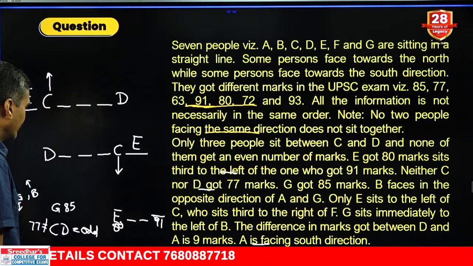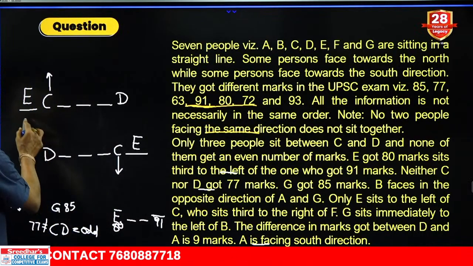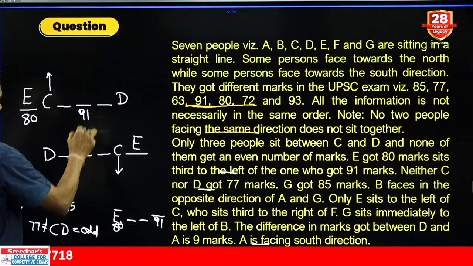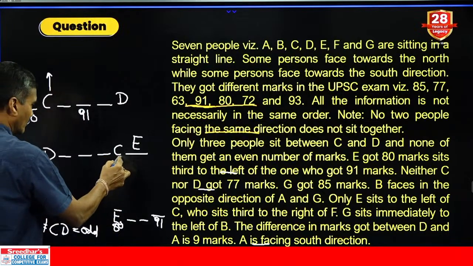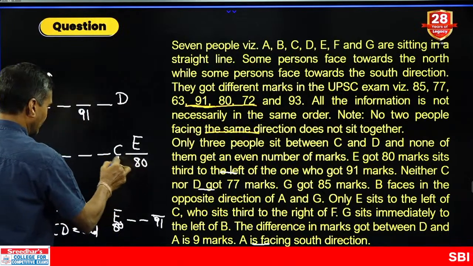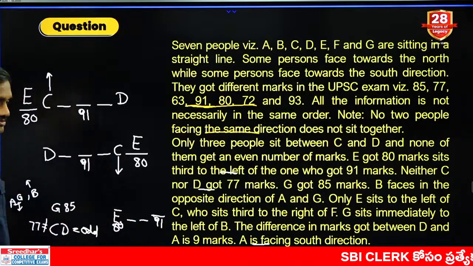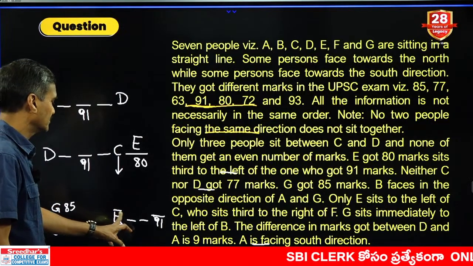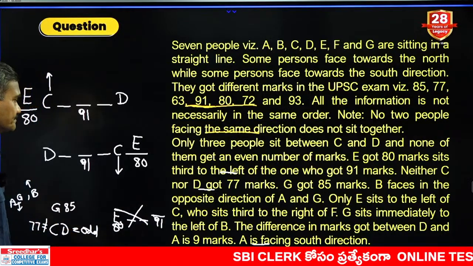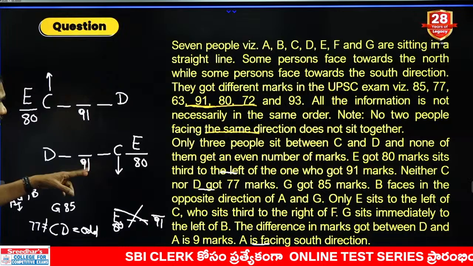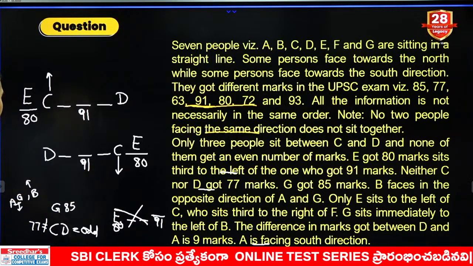Done with this? Then E who got 80 marks, and between E and the one who scored 91, there are exactly 2 people. Now we have done with this information as well. And E who got 80 marks sits out to the left of 91.